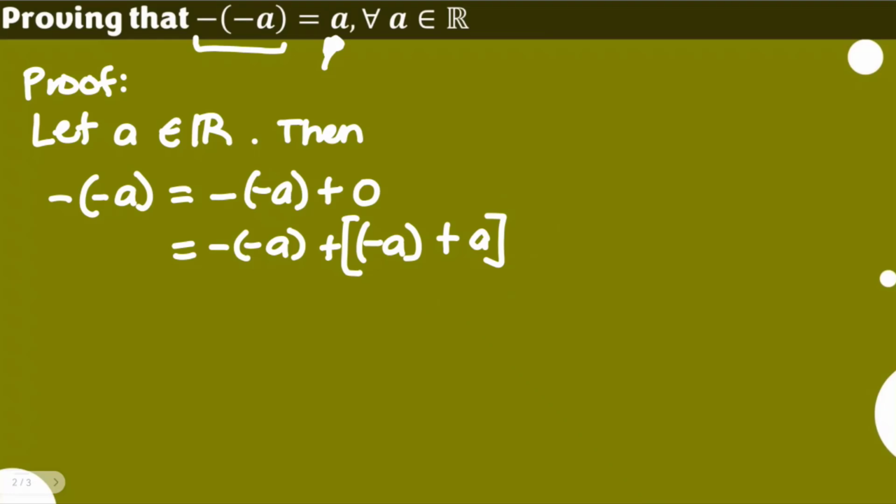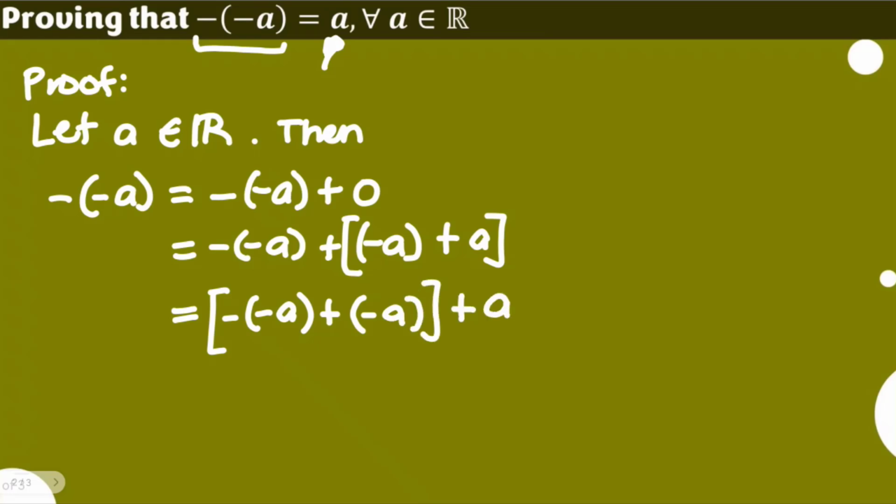What needs to be used next is the associative property of addition, where we are going to regroup terms. So we will have the negative of negative a plus this term: negative a plus the positive a. So this is the associative property of addition. Now, we have two terms in our grouping symbol with the same expression but of different signs.